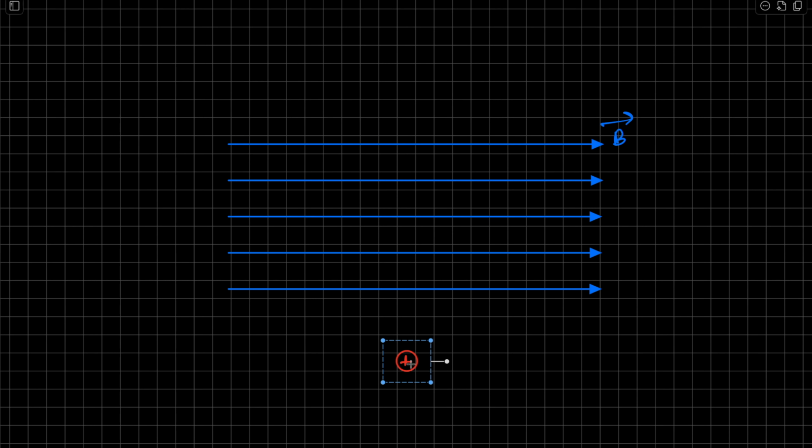In the second case, my charged particle is moving perpendicular to the magnetic field. It's entering perpendicular to the magnetic field. So its velocity vector is pointing up. This is the direction of velocity vector. It has only y component, there is no x component.